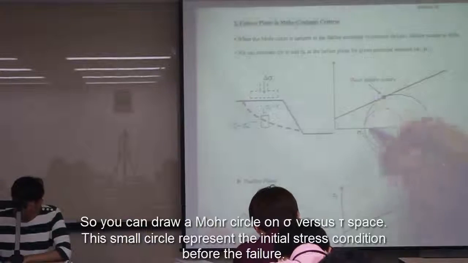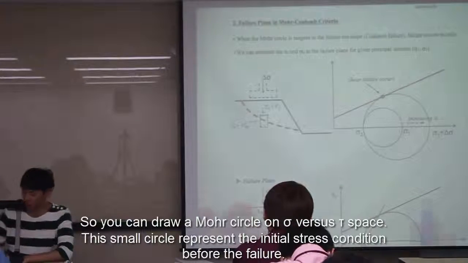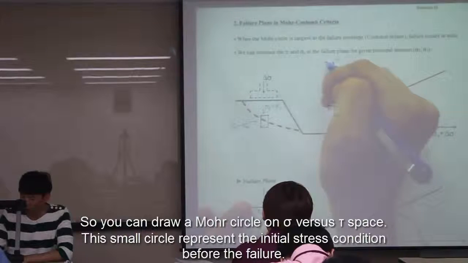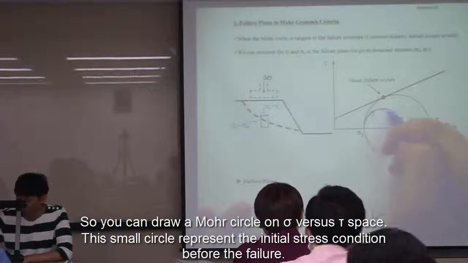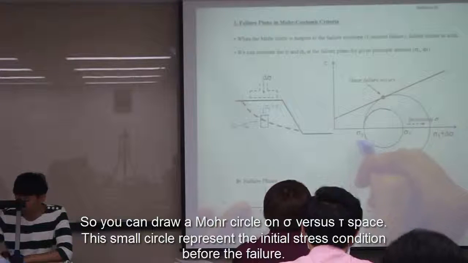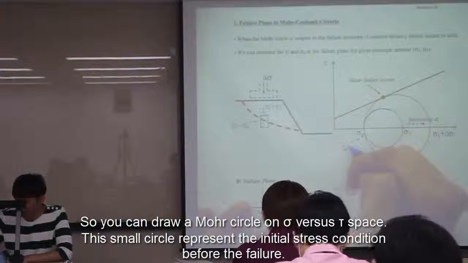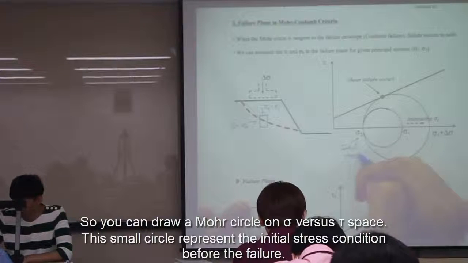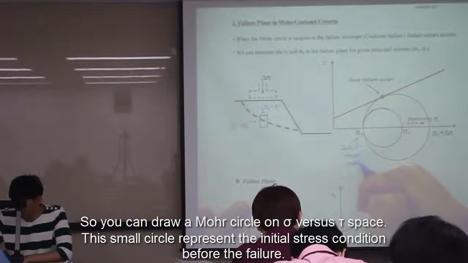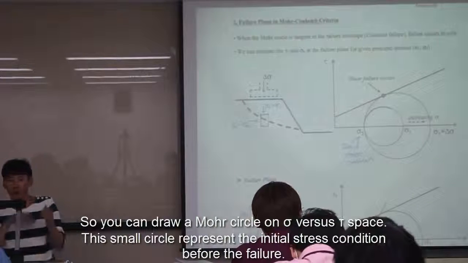So you can draw a Mohr circle in sigma versus tau space, and this small circle will represent the initial stress condition before the failure.